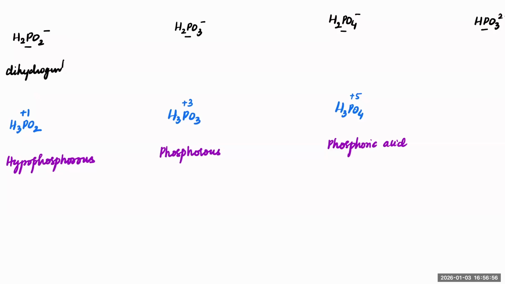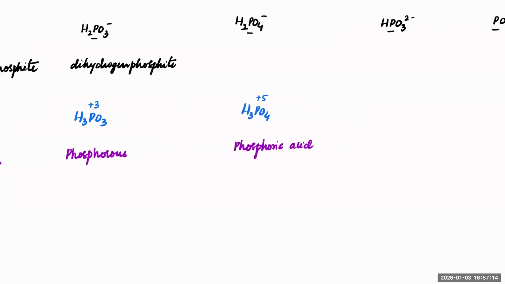The second one will become dihydrogen phosphite. The last one, dihydrogen phosphate.